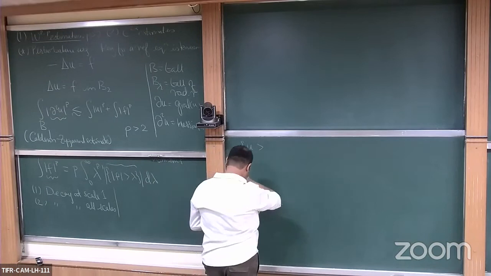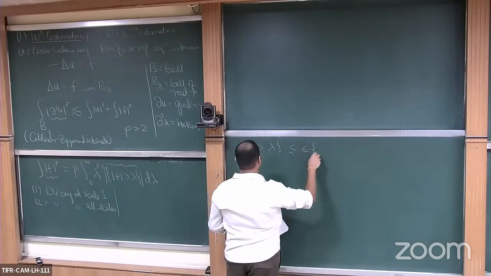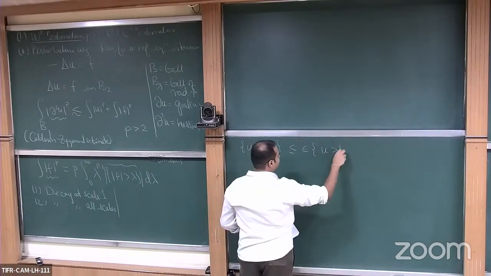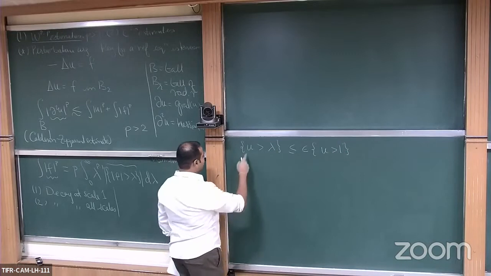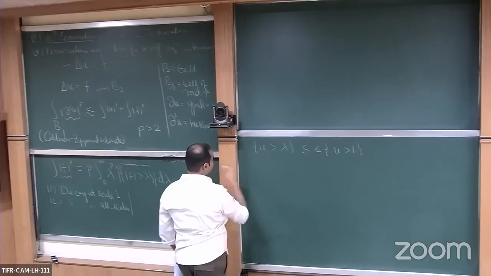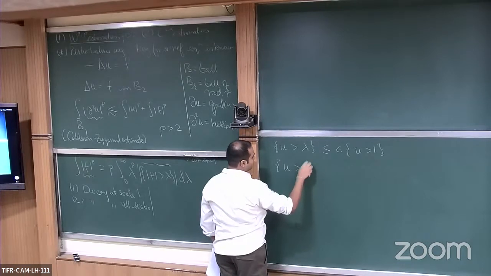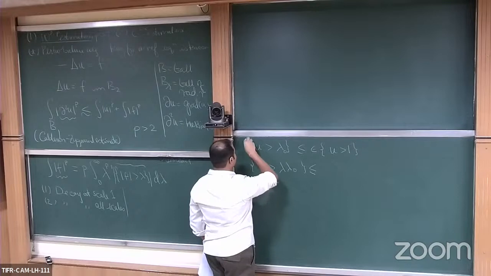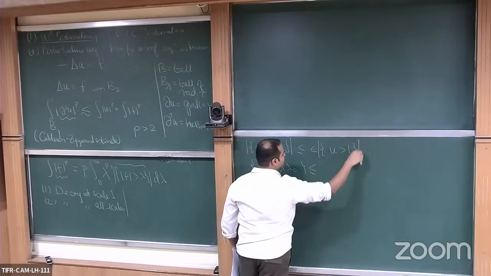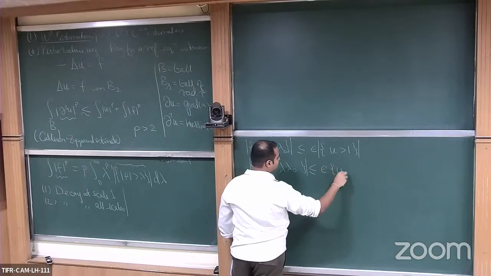Let us say I show that for some epsilon, I have something like this. Let us say I get a decay like this. Then, because there's a scaling that goes on there, you can scale this to lambda naught less than, and this should be measured in the unit ball. Then equal to epsilon. Here it will be greater than.